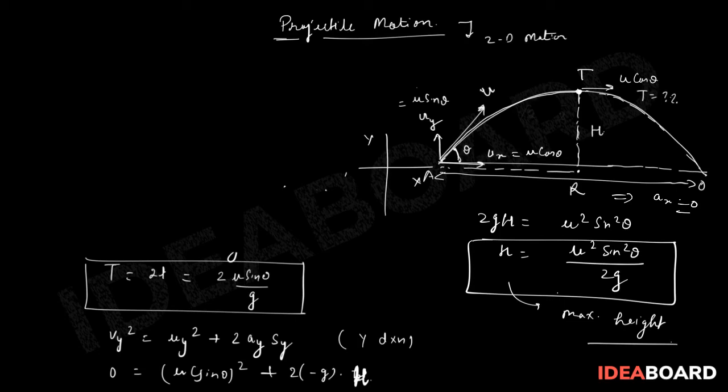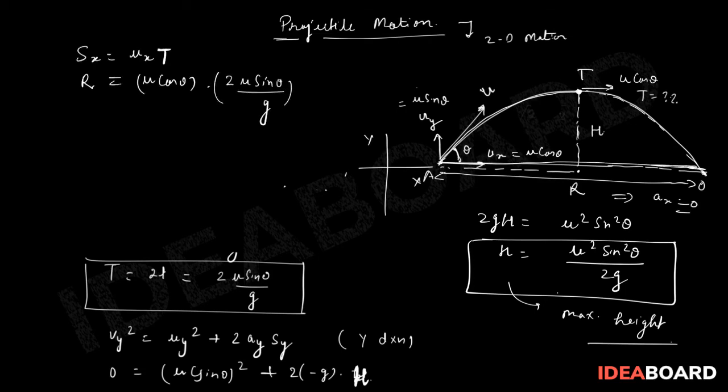So I can directly utilize Sx is equal to ux into the time it has taken, obviously the time of flight, because it takes the same time reaching from this point to this point. That means this velocity into this time of flight will give us the value of range. So Sx is nothing else than range, ux is u cos theta, time of flight is 2u sin theta by g. You can see it is written below.